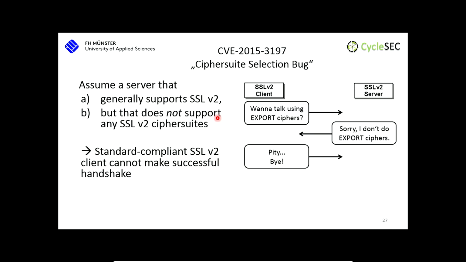It works like this. In the client hello, the client asks, hey server, do you want to talk export ciphers? And SSL version 2 would respond, sorry, I don't do export ciphers, right? And then the standard-compliant SSL version 2 client would say, okay, too bad, bye, see you next time. Or maybe try another protocol version or something like this.